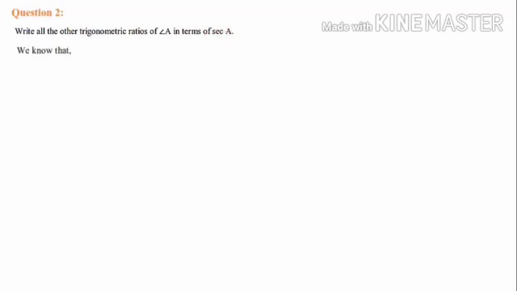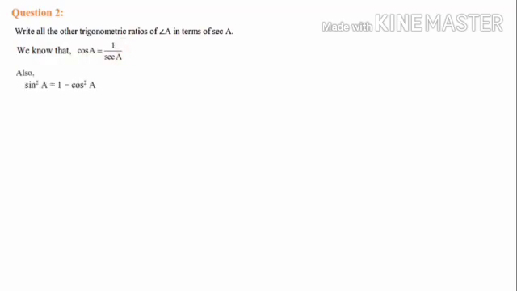The first one is quite simple, that is we have already learned the reciprocal ratios, that is cos and sec we can connect, that is cos A is equal to 1 by sec A. The first trigonometric ratio is completed. So cos A in terms of sec A we have written, cos A is equal to 1 by sec A, direct formula.